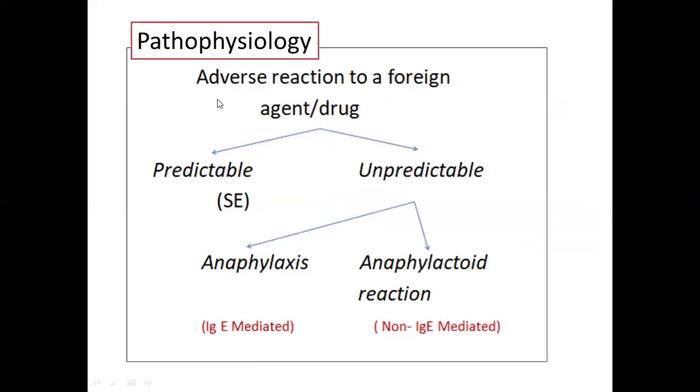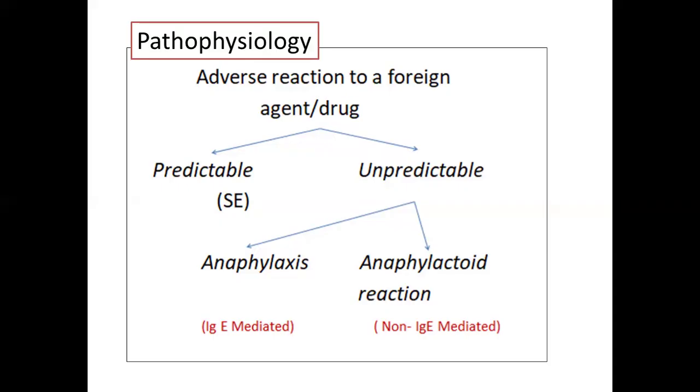So these are the anaphylactic pathophysiology basically. I have already discussed this earlier also. After the exposure, there may be predictable reactions like simple allergies. Usually anaphylaxis is unpredictable. That means, for example, after taking amoxicillin, you are getting some unpredictable severe reaction.